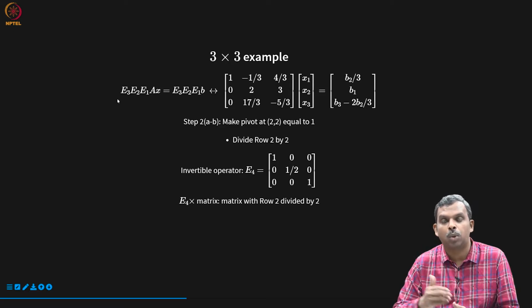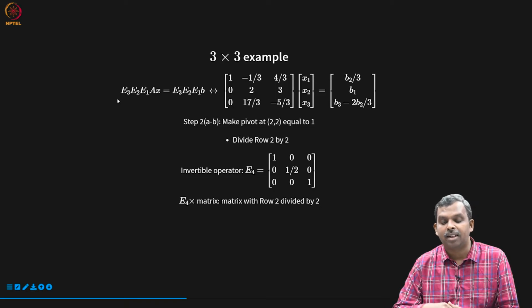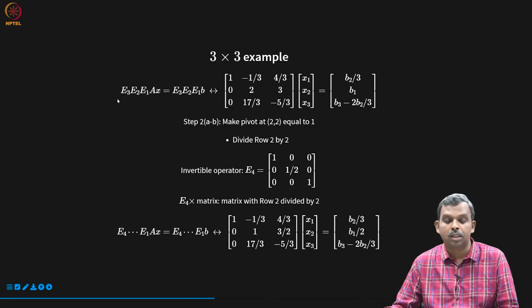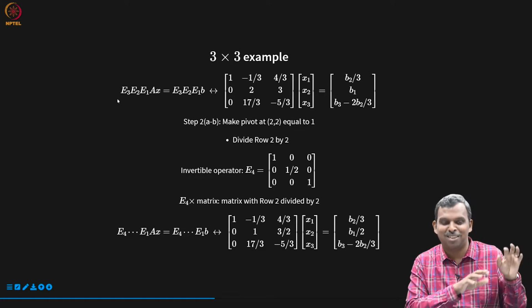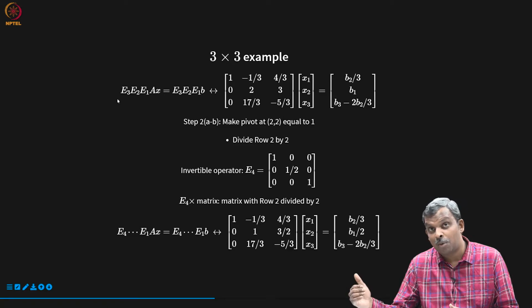It's a diagonal operator, 1, 1 half, 1, and when I multiply E4 by any matrix on the right, the second row gets divided by 2. So that's a nice thing to know. Once I do E4, my operators are increasing in number, so I've just put the dot dot dot to indicate it's everything from E4 to E1. You multiply that, I get this nice looking thing, and remember the same operator works on the right.